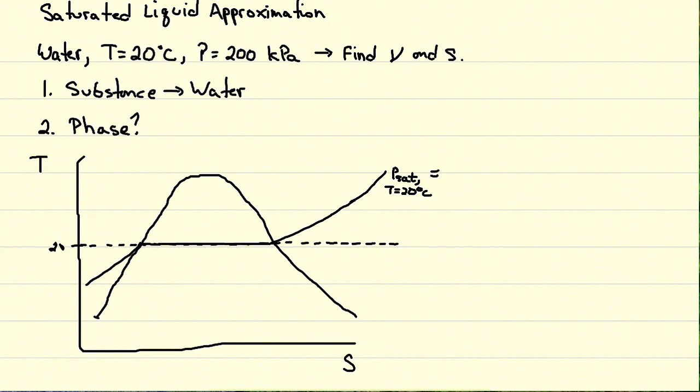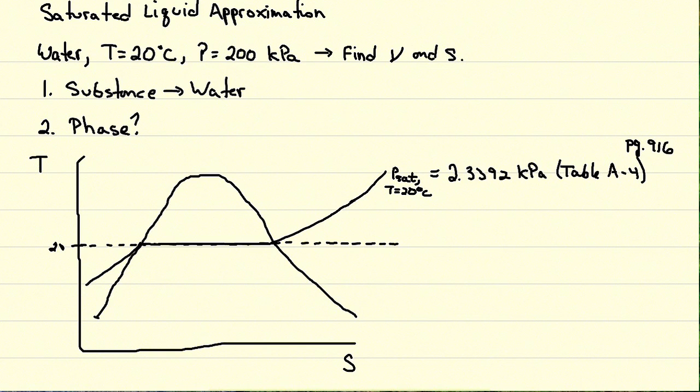So let me look up that value. I'm going to go to table A4, the metric table, saturated water sorted by temperature, because I know that it's 20 degrees C. When I do that, I find that my saturation pressure is 2.3392 kPa, and that's from table A4, which, if your page numbers are aligned with mine, is page number 916.